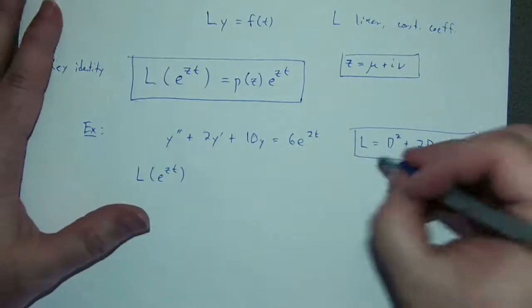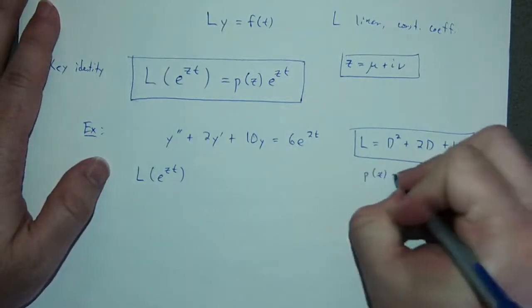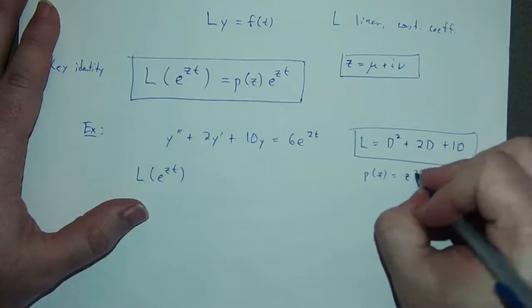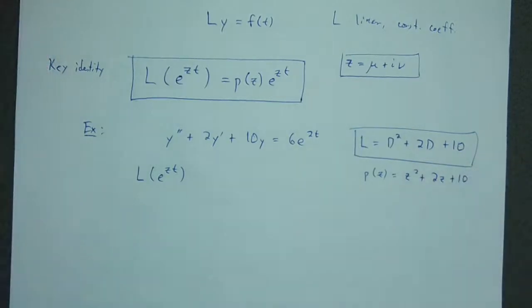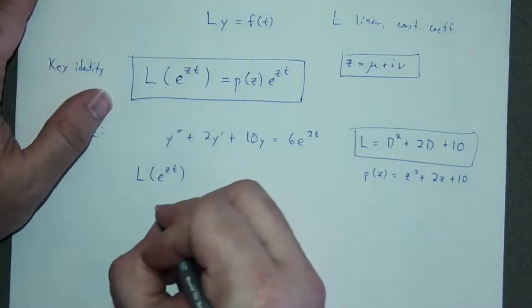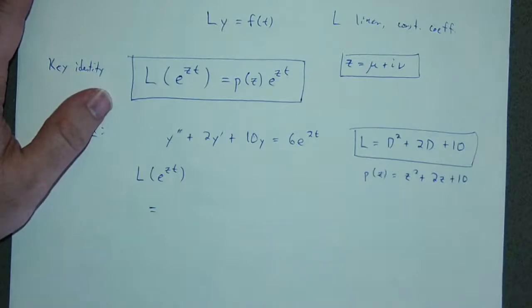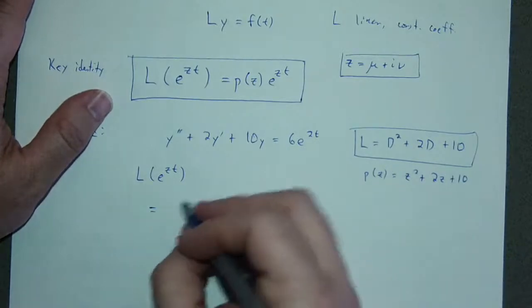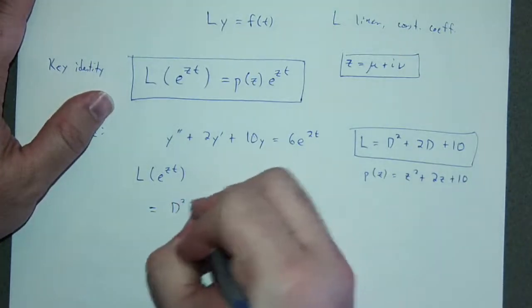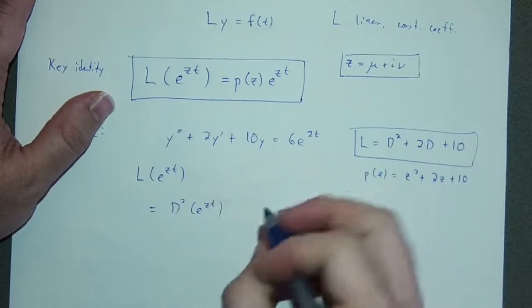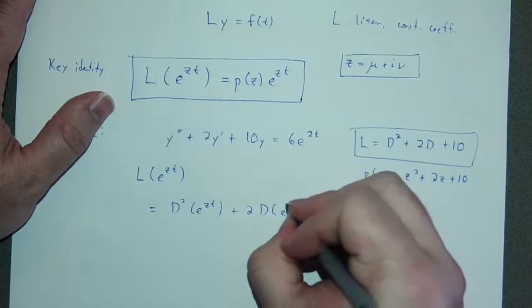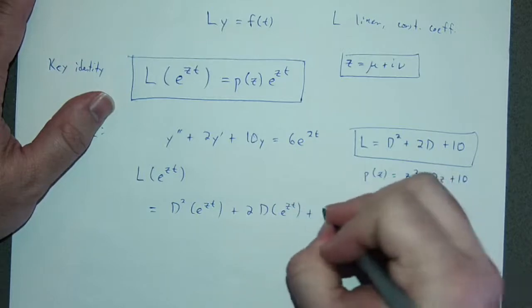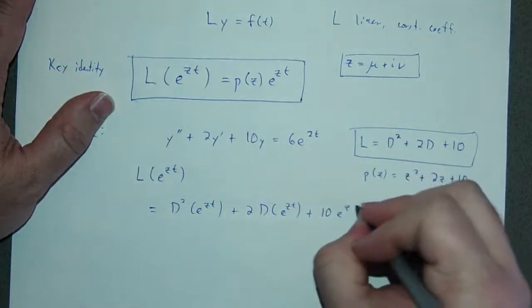Notice p here, the characteristic polynomial, is z squared plus 2z plus 10. L of e to the zt is what? So this is d squared e to the zt plus 2 d of e to the zt plus 10 times e to the zt.